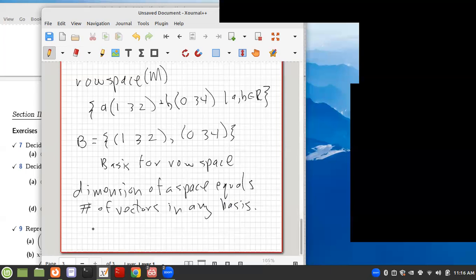So here the dimension of the row space of M equals 2, because there are 2 vectors in a basis. These are just definitions of words. We have the number of vectors in a basis, it's 2 here, so we call that the dimension of the row space.